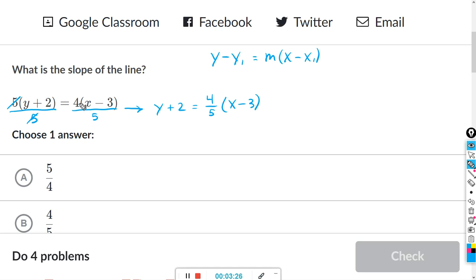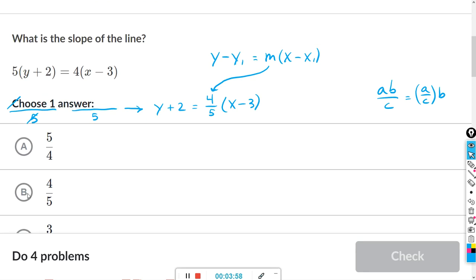Okay, so if the whole thing is divided by 5, it's the same thing as 4/5, because if you have a times b over c, that's the same as a over c times b. That's the same thing. Okay, so as you can see, the slope m is just 4/5. So that's answer B.